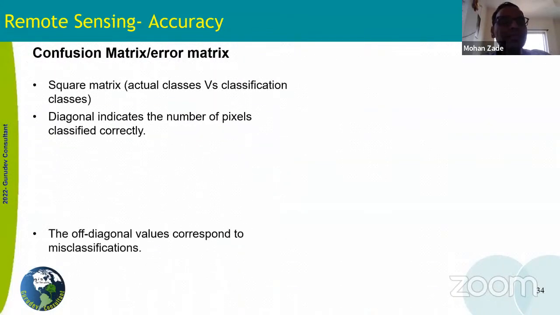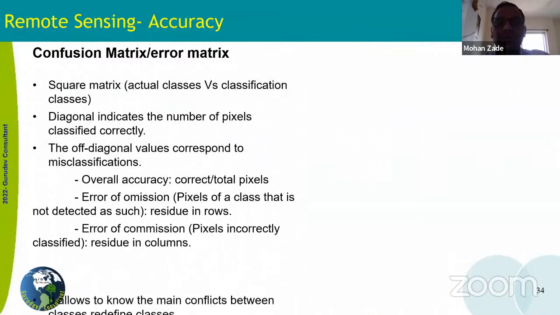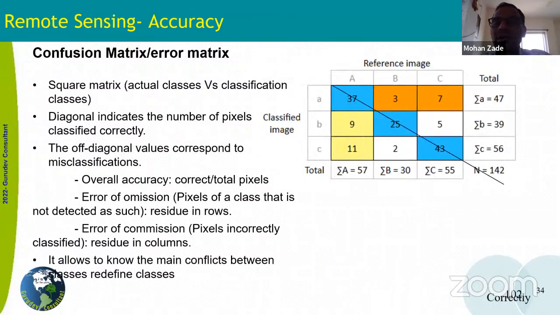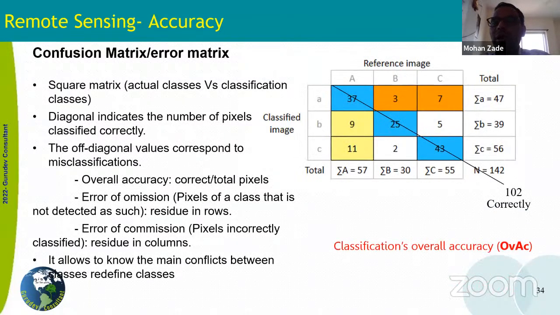So the confusion matrix is nothing but a diagonal accuracy, where you have a reference image here, A, B, C, and you have a classified image A, B, C, and how many pixels are under A in the reference image and in the classified image, and likewise the matrix is filled.